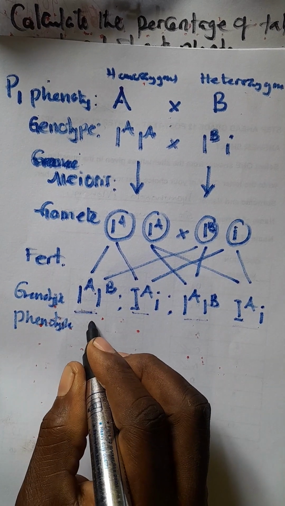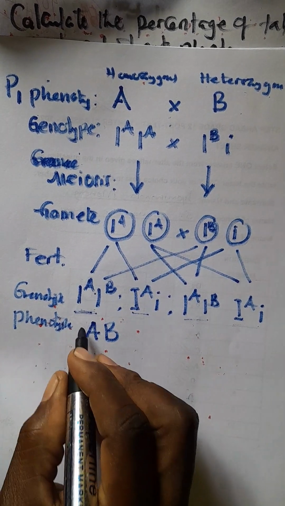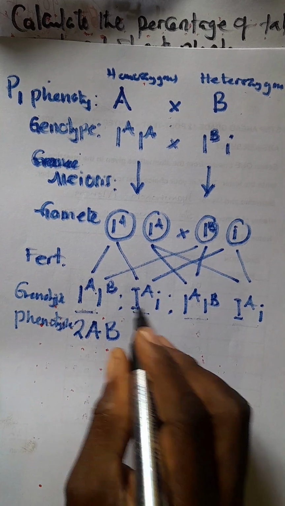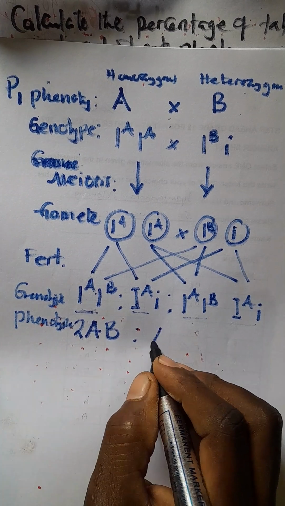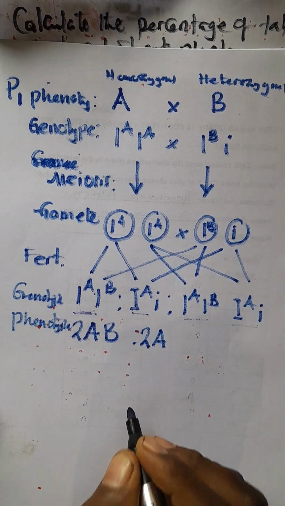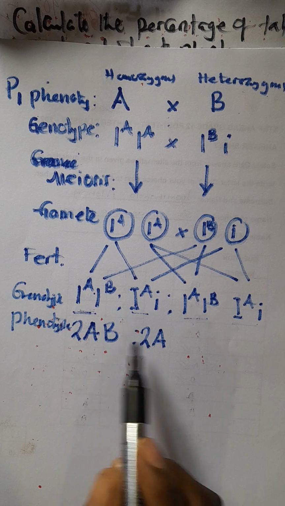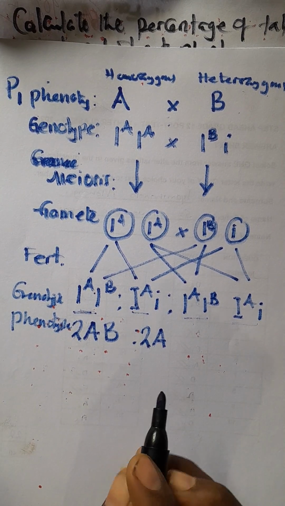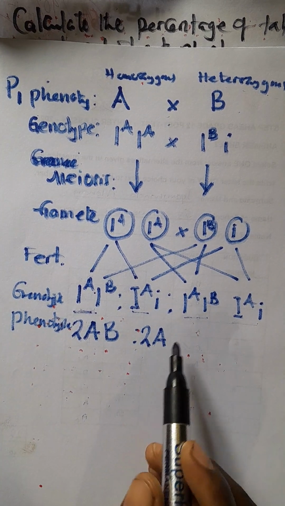This one is blood type AB, and this one is AB as well. So 2 blood type AB. These two are identical. So these are going to be blood type A. How many are they? There are 2. Remember, there are 4 offspring, so it has to show 2 plus 2 gives us 4. So in this case, you have got 2 children with blood type AB and 2 children with blood type A.